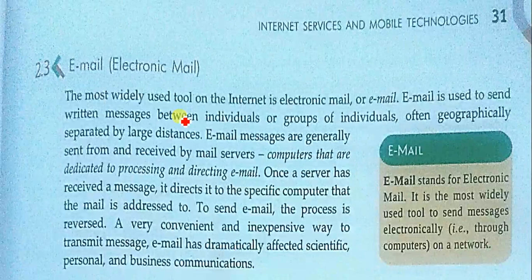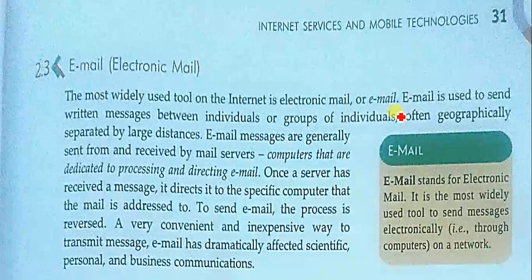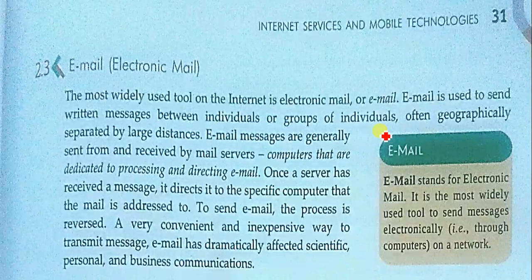Now what is email or electronic mail? The most widely used tool on the internet is electronic mail or email. Email is used to send written messages between individuals or groups of individuals, often geographically separated by large distances.